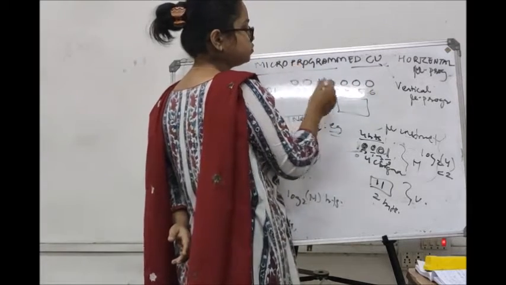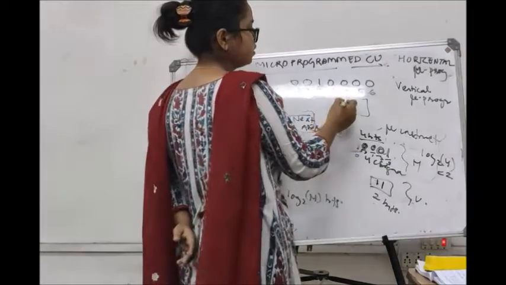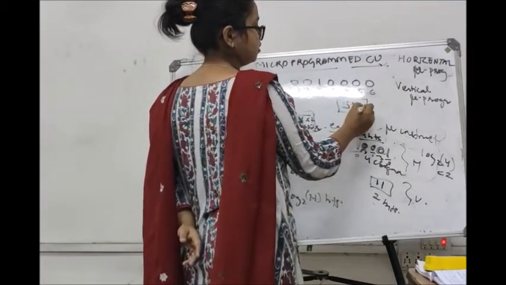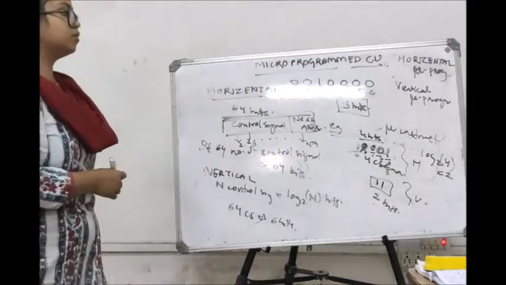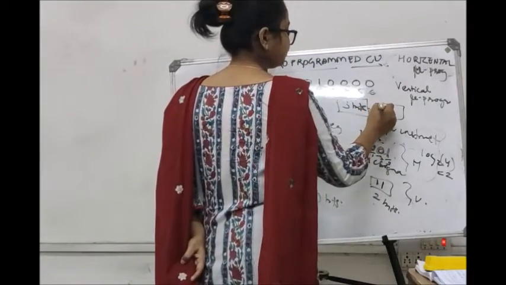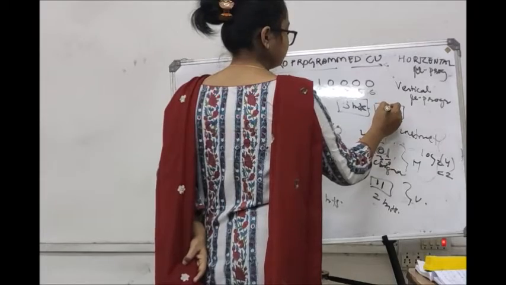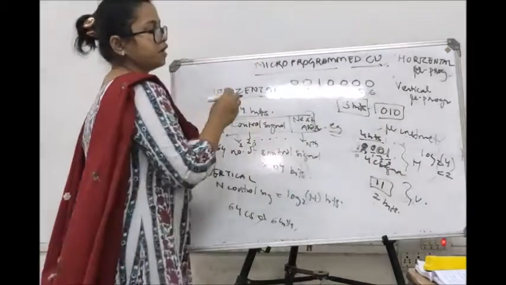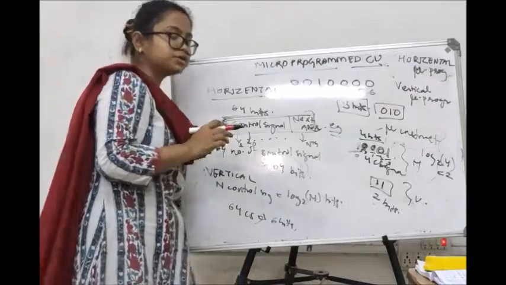So 7 positions are there, so we can represent this using 3 bits. The value here is 2, so it will be 0, 1, 0 in 3 bits. So I hope it is clear to you.